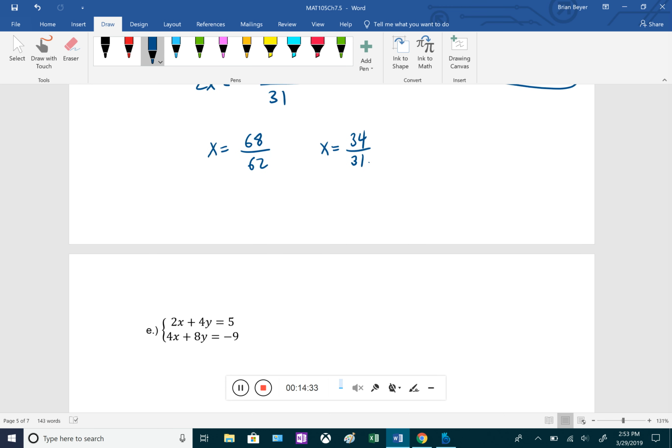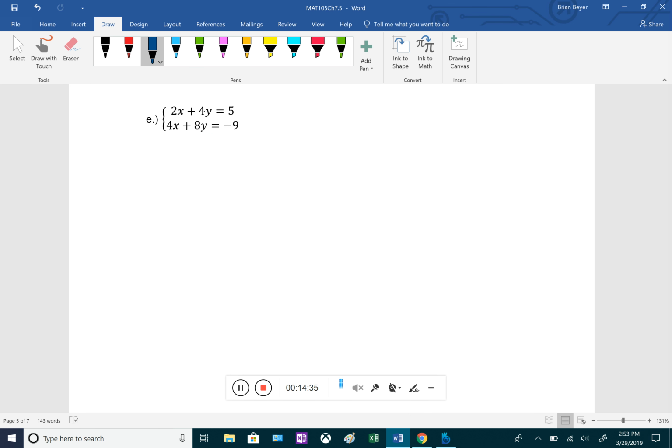Okay, so for the next one here, the next two are special cases, so let's see what happens with this one. So we have 2x plus 4y equals 5 and 4x plus 8y equals negative 8. So let's say we want to cancel the x. That means we would have to multiply the first one by negative 2.